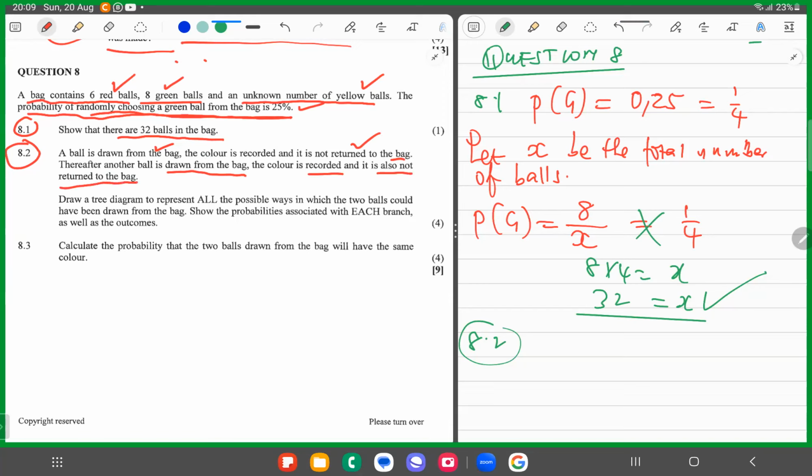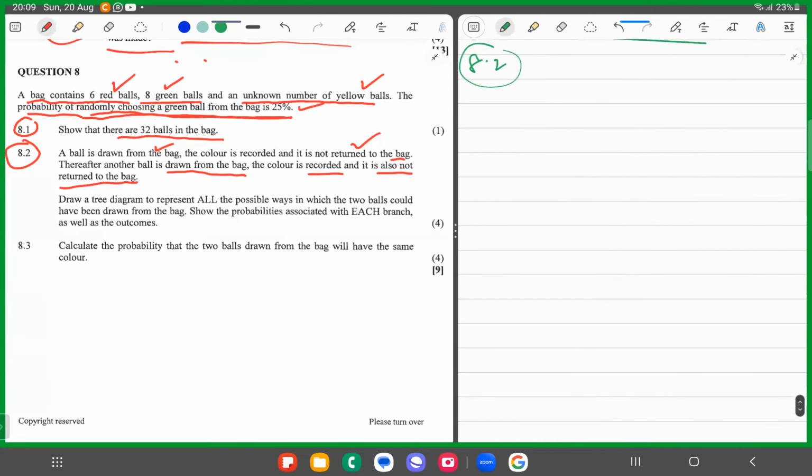So these are removals from the bag, and they're not returned to the bag afterwards. Draw a tree diagram to represent all the possible ways in which the two balls could have been drawn from the bag.